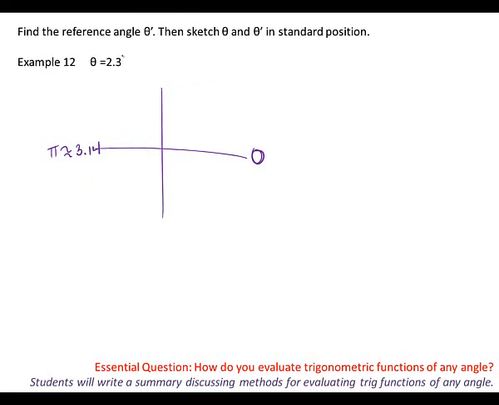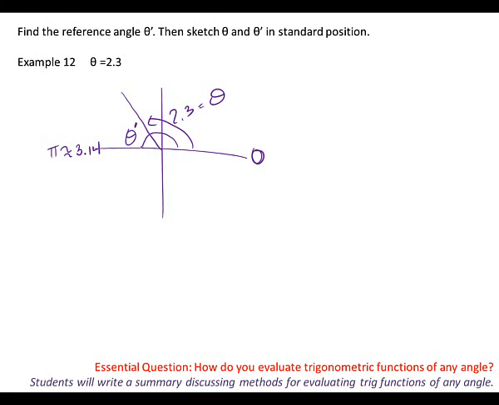Which quadrant do you think 2.3 is going to land in? It's probably going to land over here in 2, because it's probably bigger than the 90, right? But it's probably not quite 3.14. So this right here is your 2.3. That's your theta. We need to still figure out reference theta. How do you think I'm going to do that in decimal point in radians?